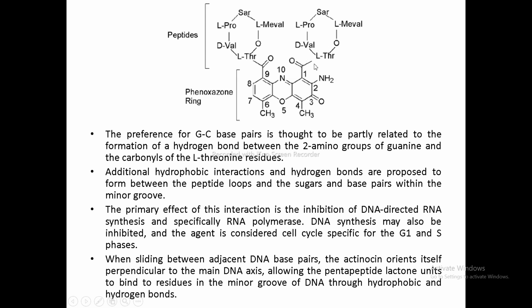How do they bind through the amide linkage? L-threonine, as these are amino acids, contains an amine group and a carboxyl group. So the amine group of this L-threonine binds with the carboxyl group of the phenoxazone ring. By this amide linkage, that is the C=O of the phenoxazone and the nitrogen of the threonine, the phenoxazone ring gets attached to the pentapeptide chain.